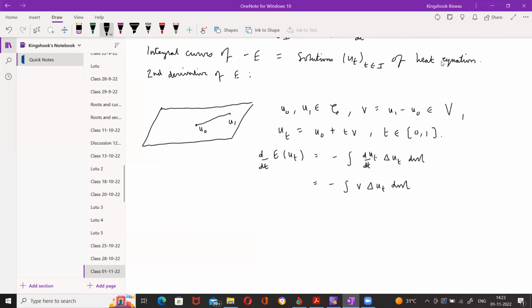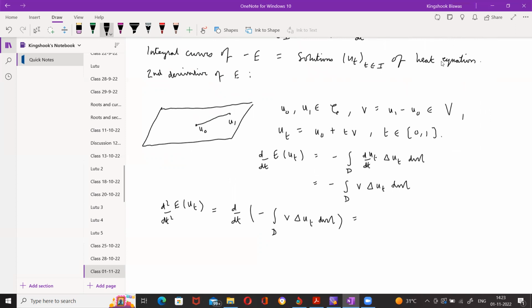And so now we can calculate the second derivative. d squared by dt squared of E of u_t is going to be d/dt of minus the integral of v times the Laplacian of u_t.